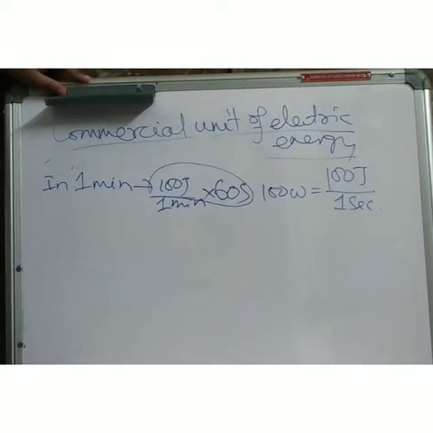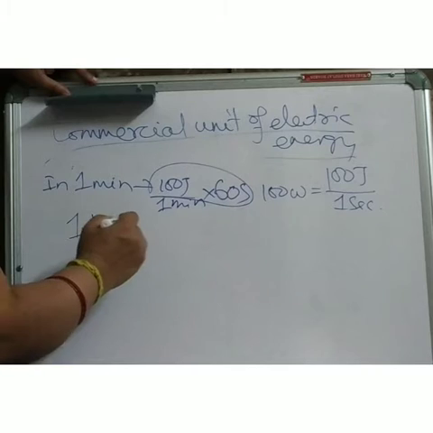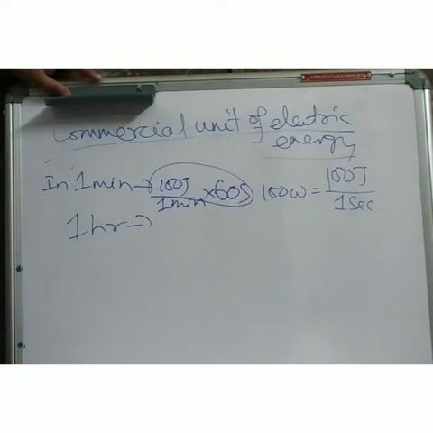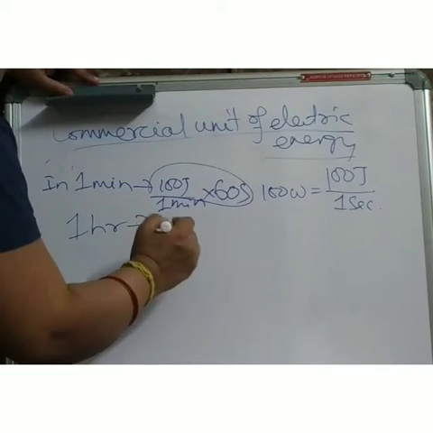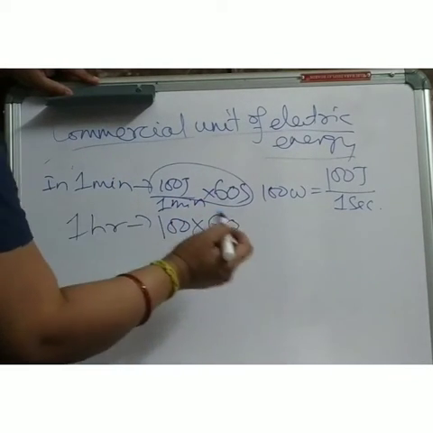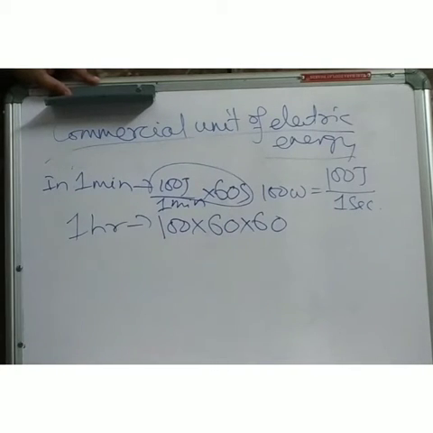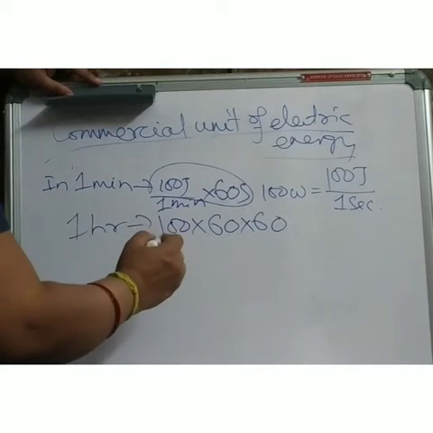Can you tell me how much it will be in 1 hour? It will be 100 into 60, and again 1 hour is equal to 60 minutes, so into 60. This is per hour.